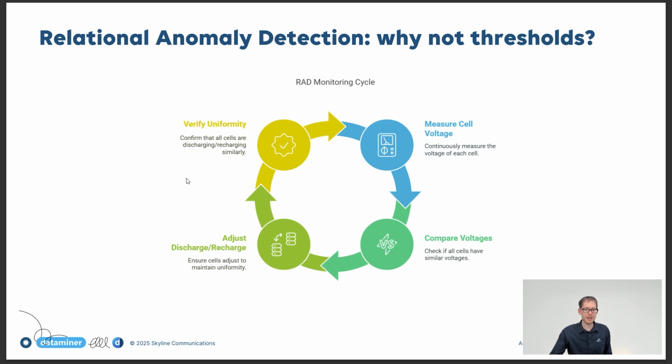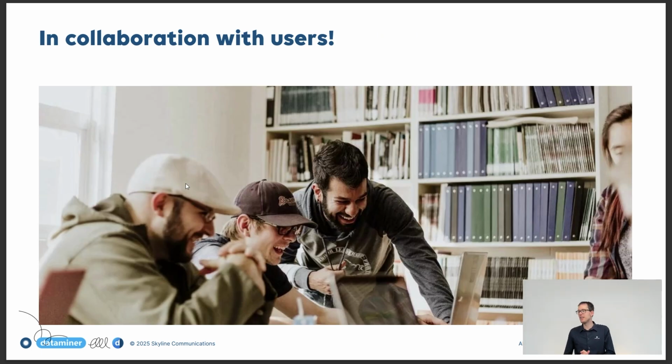Now, this idea of creating relational anomaly detection really came from users, colleagues of yours, as you can say. Concretely, Arkiva came to us with the question whether we could help them do predictive or proactive maintenance. The use case they talked about was about a DAB transmitter.